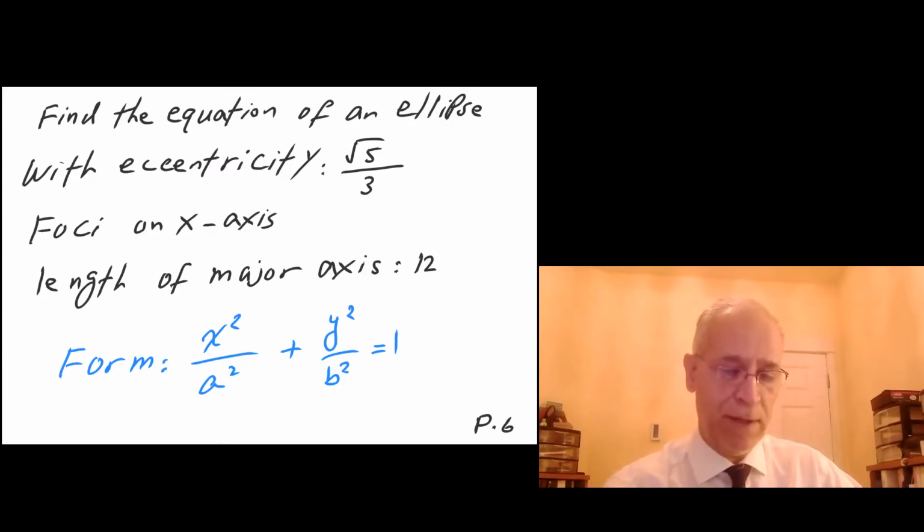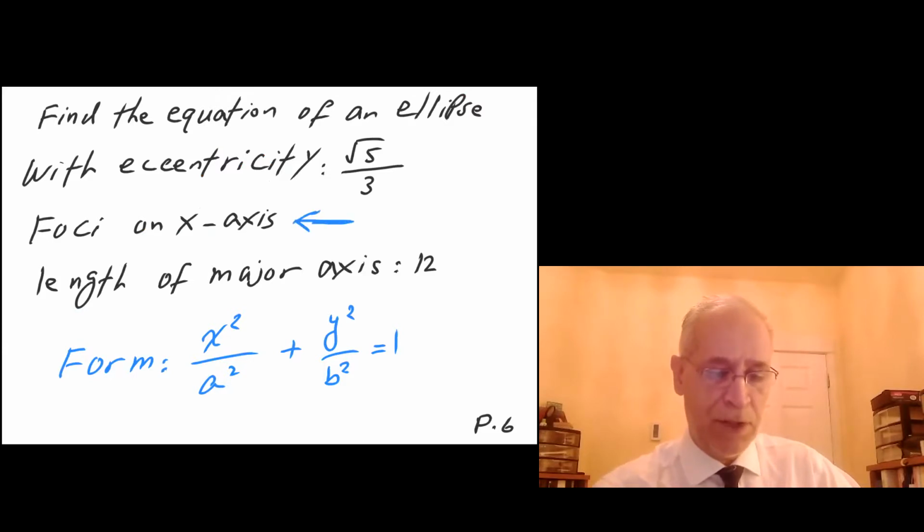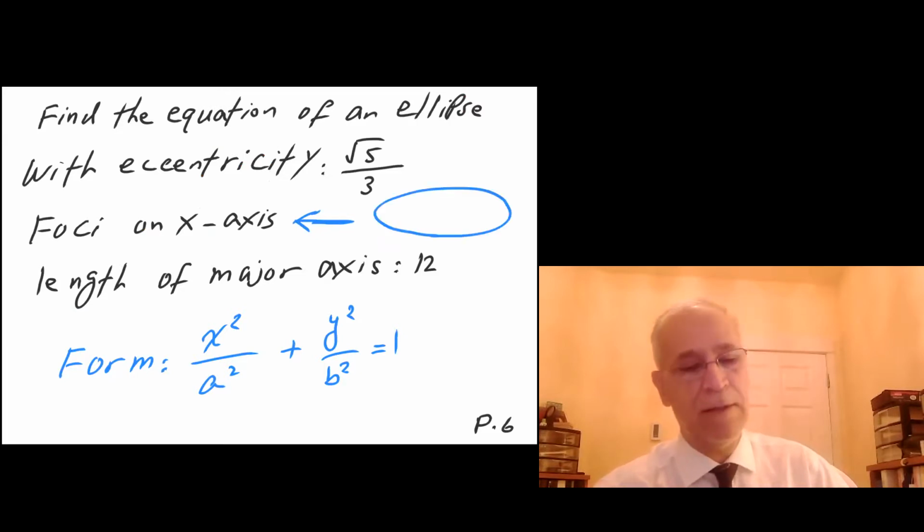So this is clearly telling me that the foci are on the x-axis, and the general shape of this ellipse is going to be something like this. We are given that the length of the minor axis is 12. So the minor axis is 12, and my b should be half of that, which is 6.